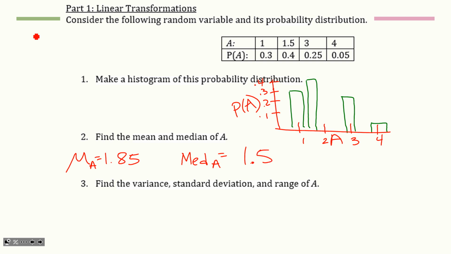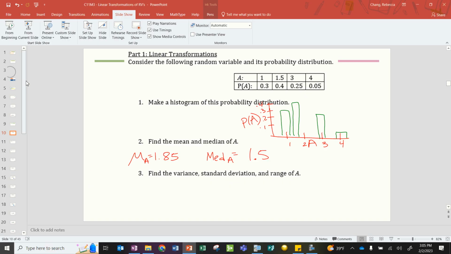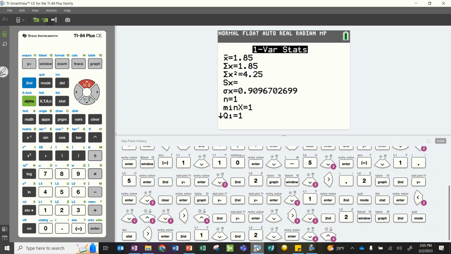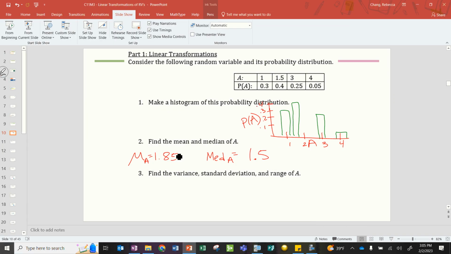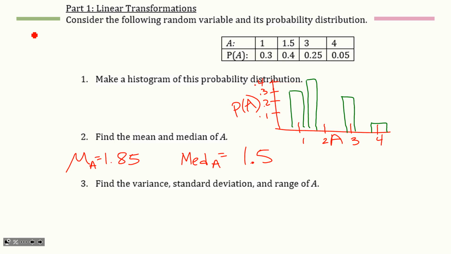So the variance, remember, variance is the standard deviation squared. So they only give you in the calculator, they only give you standard deviation, right? Here's your standard deviation. So in order to answer this question, you're going to have to type into your calculator 0.90967 squared to come up with the variance, right?